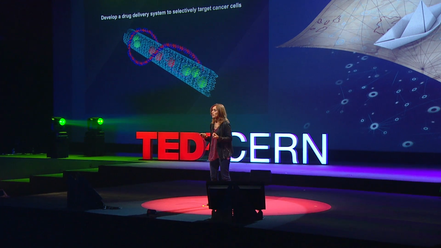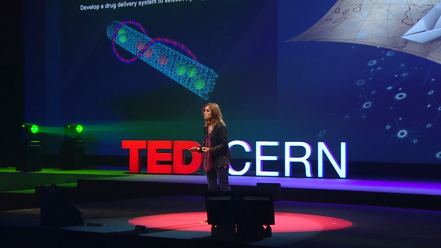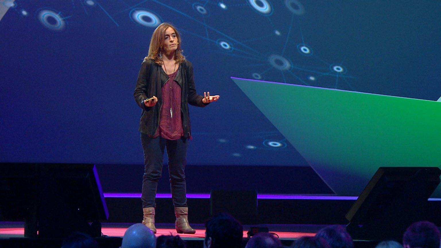I want this drug delivery to only target cancer cells. So I can take the drug only to the place that I want, to the tumor cells. And you wonder how I'm doing this, okay? We know that cancer cells and normal cells are very, very different.